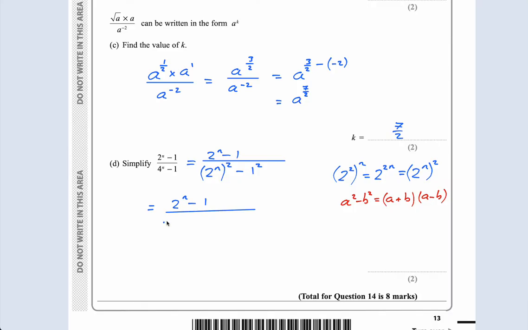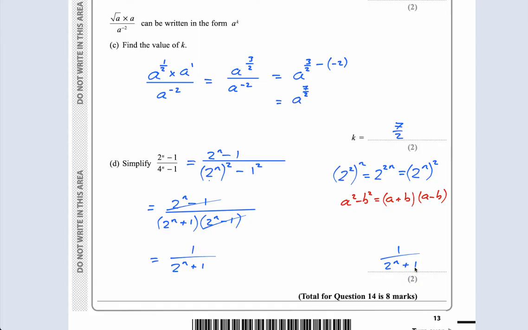So I can write 2n, that's my a, 2n plus 1, brackets, and then 2n minus 1, brackets. And then guess what? This is how I kind of figured out it would work out quite nicely. These two cancel. So I'm left with the 2n minus 1 and the 2n minus 1 cancel. So I'm left with 1 over 2 to the n plus 1. I'll write it here. 1 over 2 to the n plus 1.